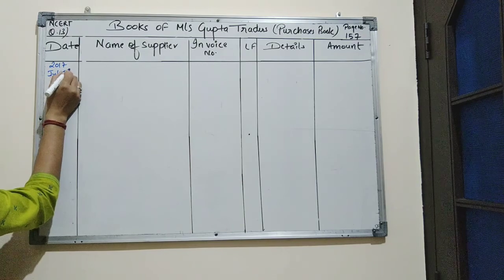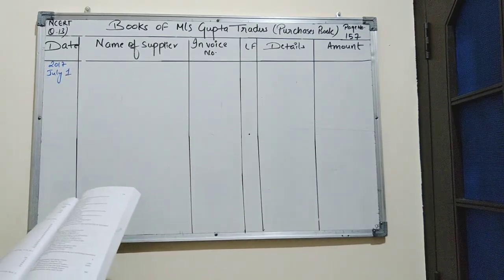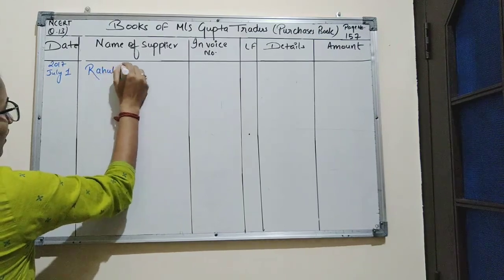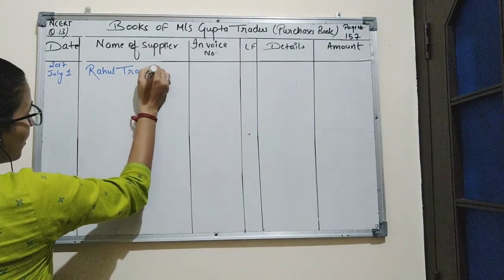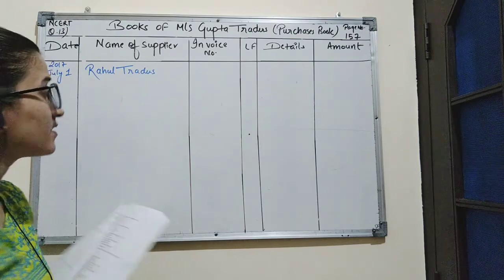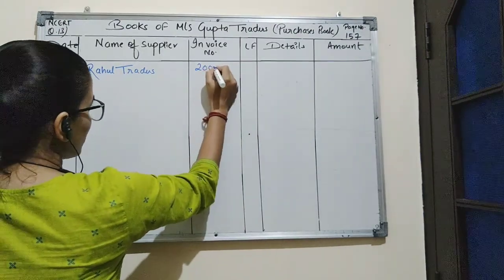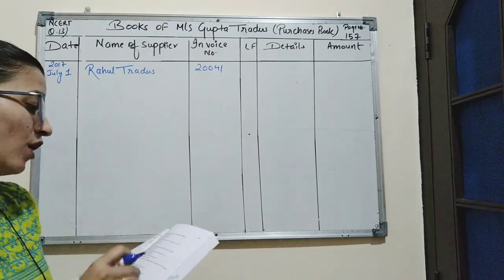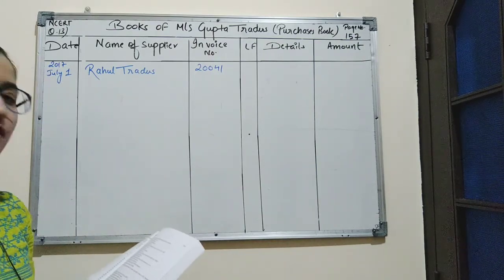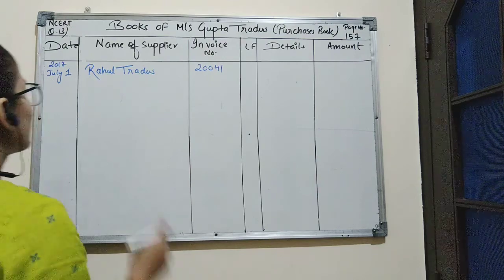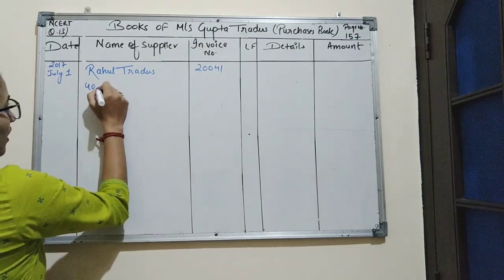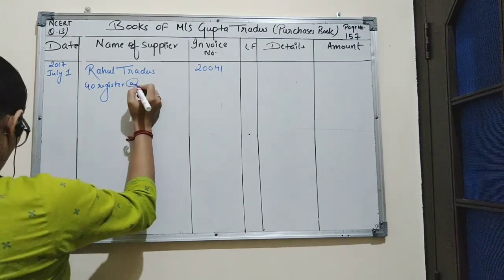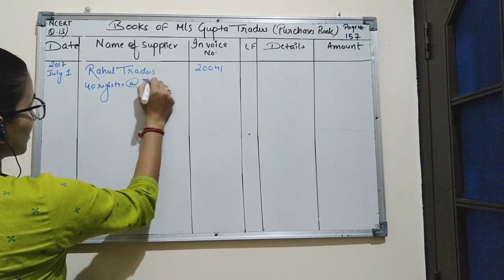Name of the trader is Rahul Traders. Invoice number is 20041. Now, bought from Rahul Traders 40 register at the rate of rupees 60 each.